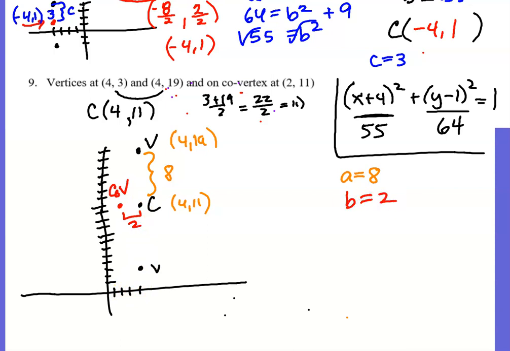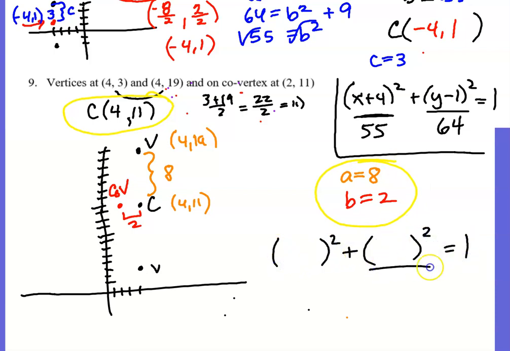And remember, to write the equation, you only need center and A and B. So I don't need to find C, so I'm ready to go. Use my center, x minus 4 squared, y minus 11 squared. The larger direction is the y direction, so I'm going to put the larger value squared here and the smaller value squared here. Okay?